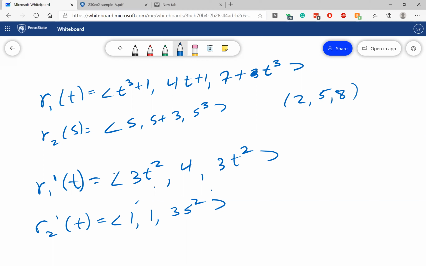So in order to get this point, t is equal to 1 and s is equal to 2.